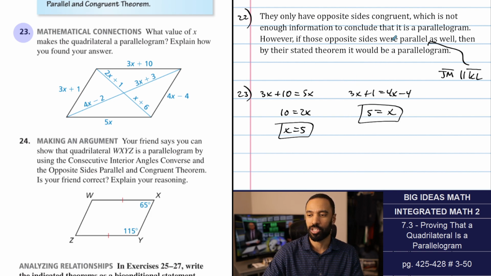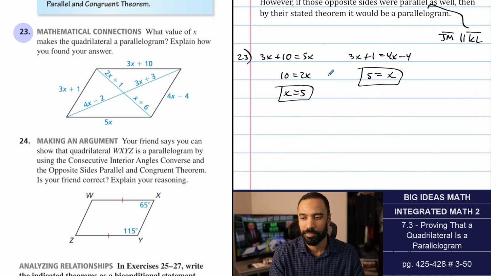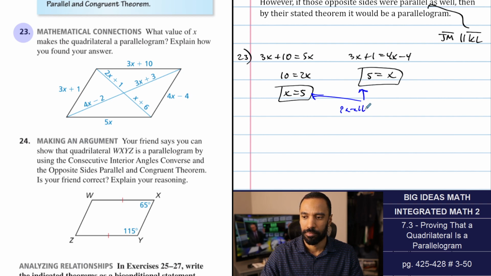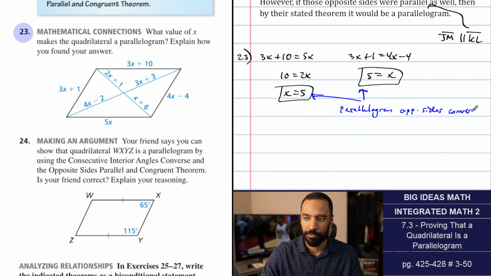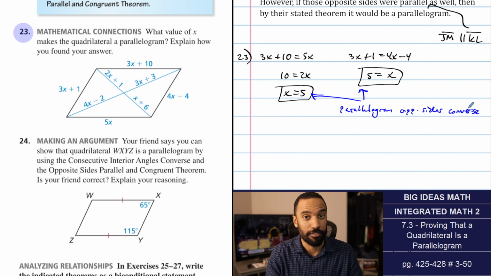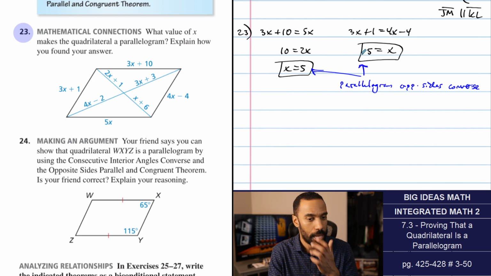So either of these could be using the parallelogram opposite sides converse. So they said explain the reason. By the parallelogram opposite sides converse.